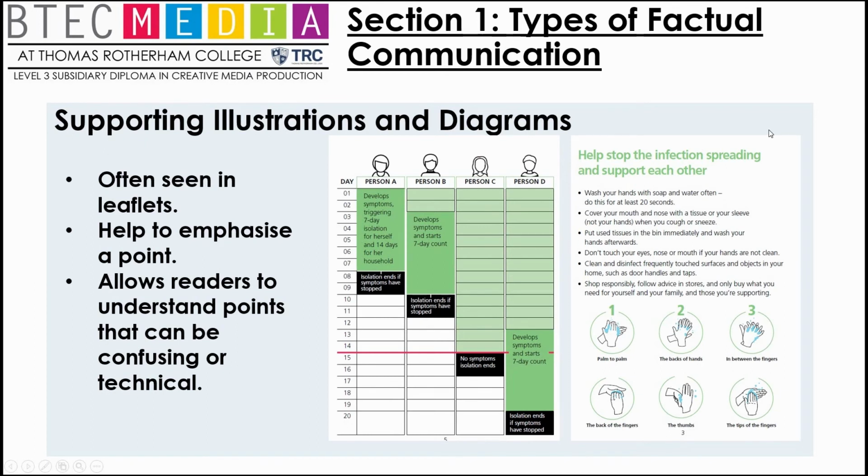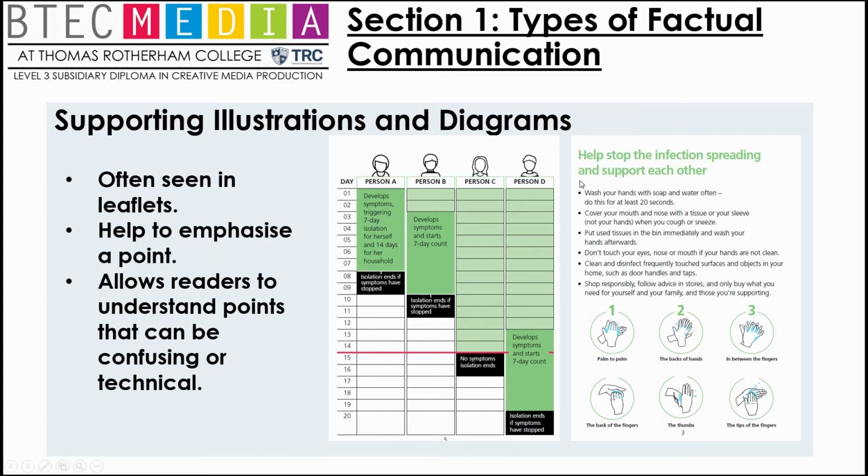Okay, so a technique that you will often see, especially in things like leaflets and how-to guides, is supporting illustrations. Again, nice and simple. They're there to help emphasize a point. You've got this example here, from a coronavirus leaflet.